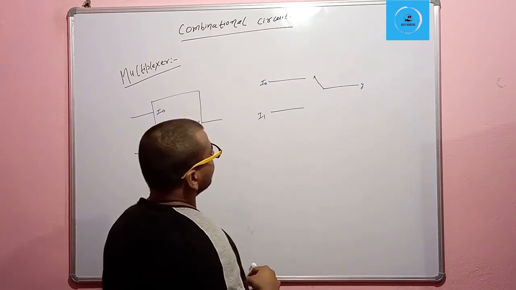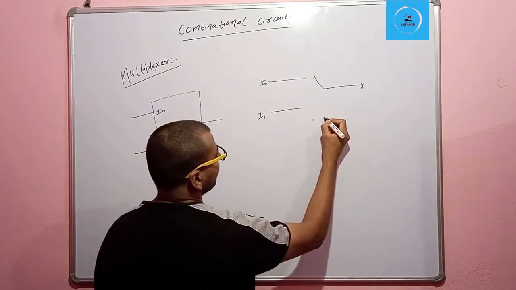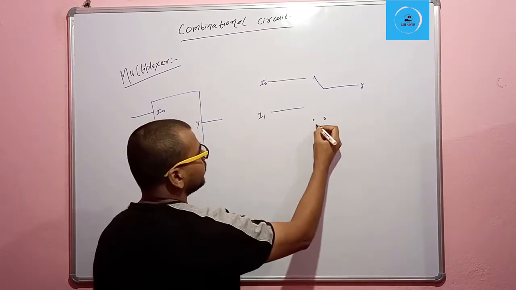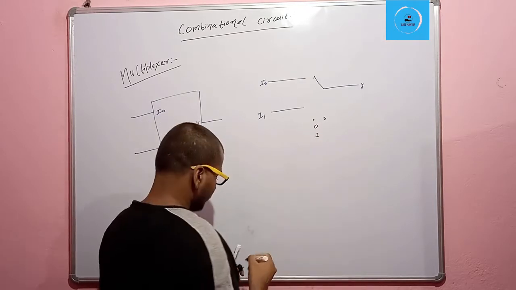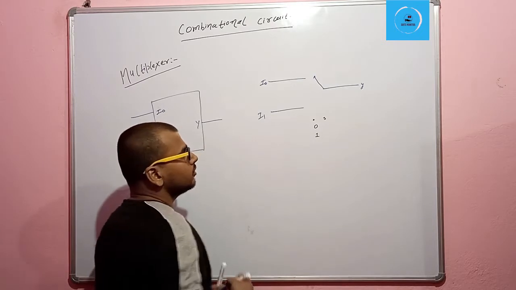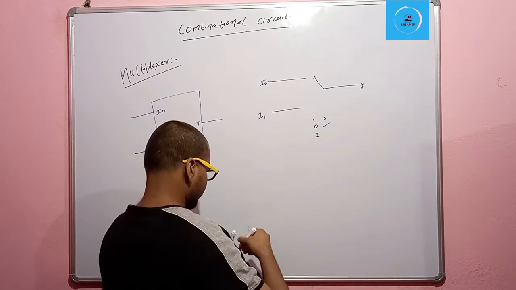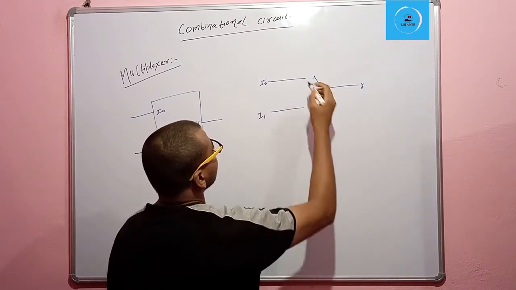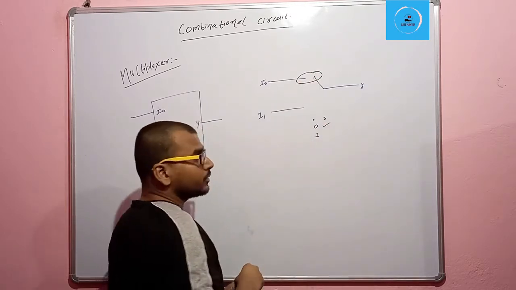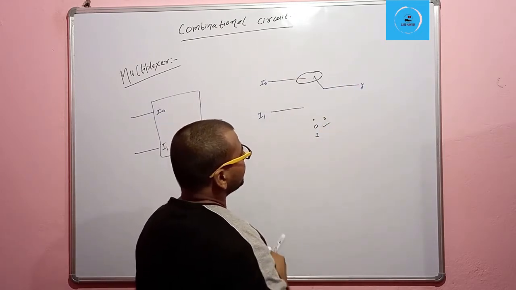Suppose that there is a key, or switch S, and it takes two levels, 0 or 1. When we press 0, it connects to this line, so I0 will go through and I0 will be present here.